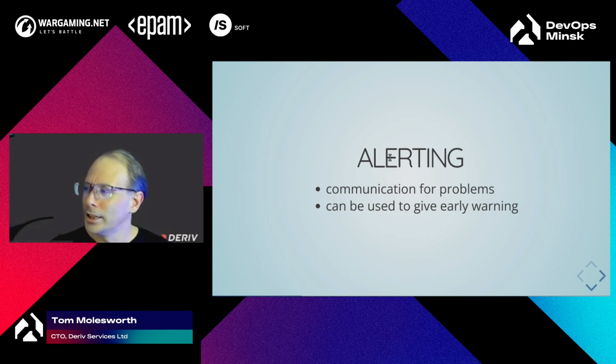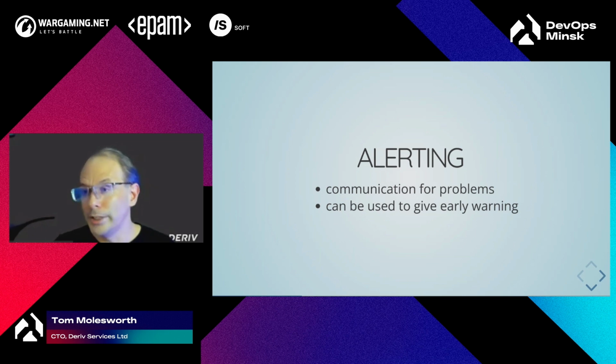So in terms of the alert content, we find that it's quite easy for someone to add an alert and it ends up being just something went wrong, and that's it. It tells you this server is down and you have no idea what the impact is. So you have to go and look up what that server is used for, what services are on it.